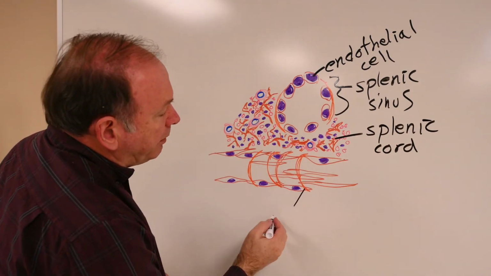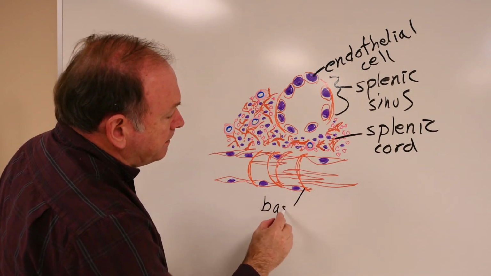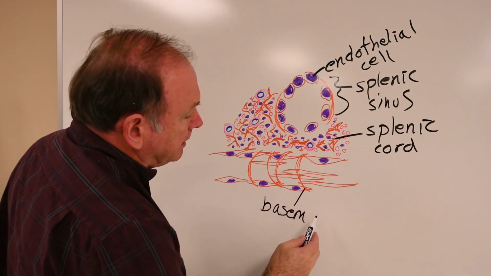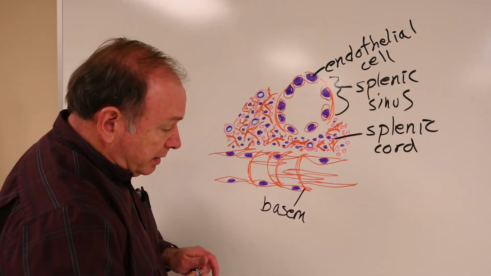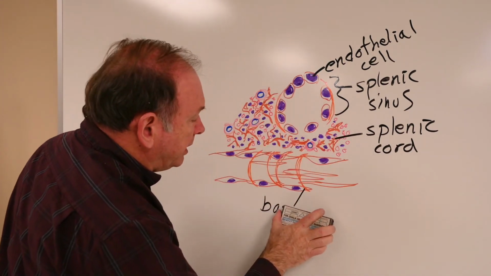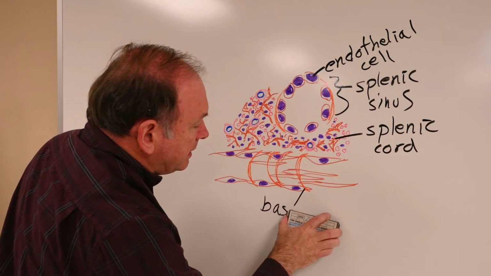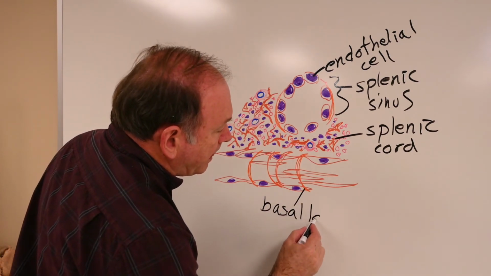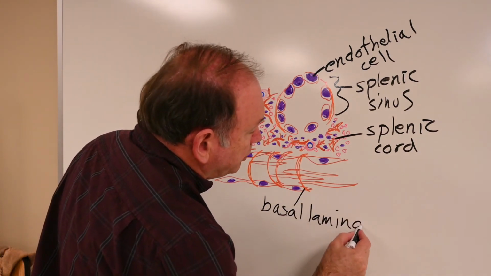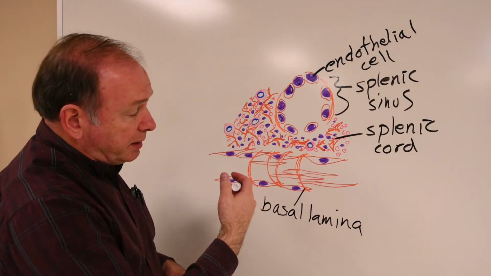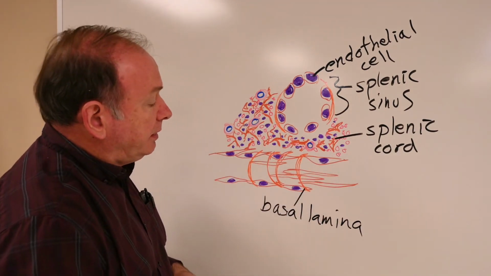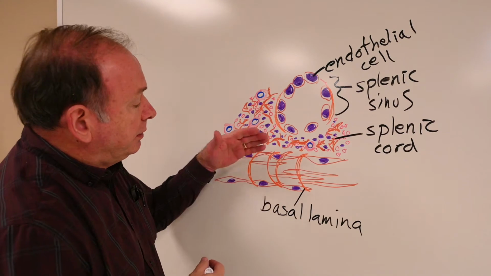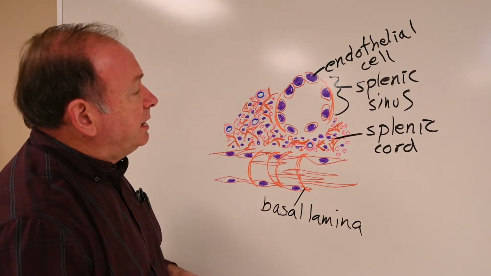This was basement membrane that we had looped around it. I should say basal lamina to be more correct. Basal lamina. It's produced by the endothelial cell. So there's a basal lamina material looped around the splenic sinuses.